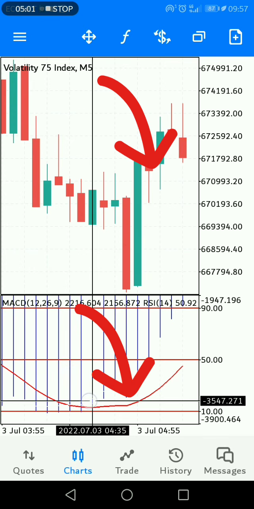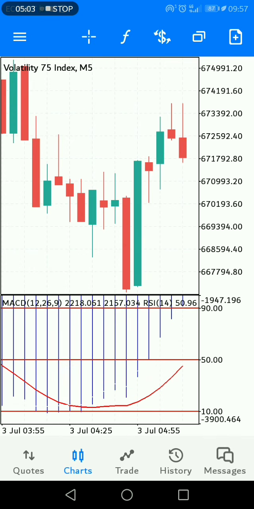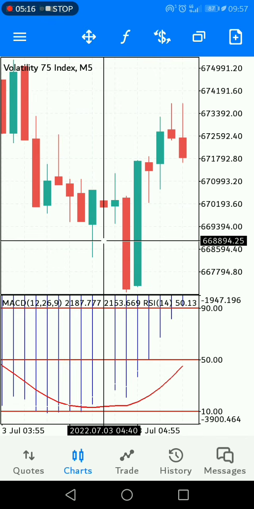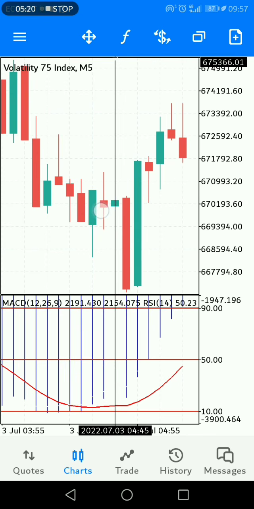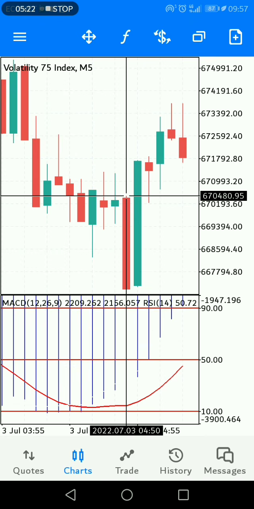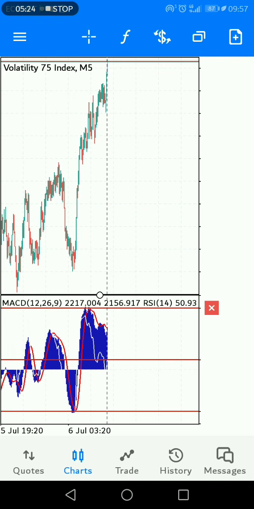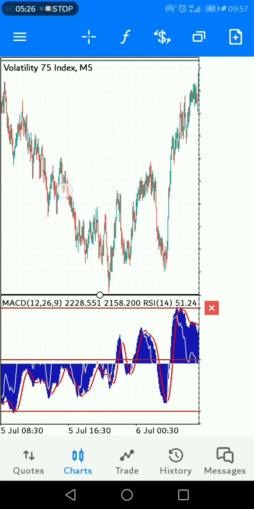As you can see right here at this point, the MACD and the line are crossing, right? The histogram here moves to the inside, and then the MACD line moves to the outside. This is the crossover which I'm talking about, which happens around this point here. And then from there, the next thing that you can see is the market going to the upside, right?